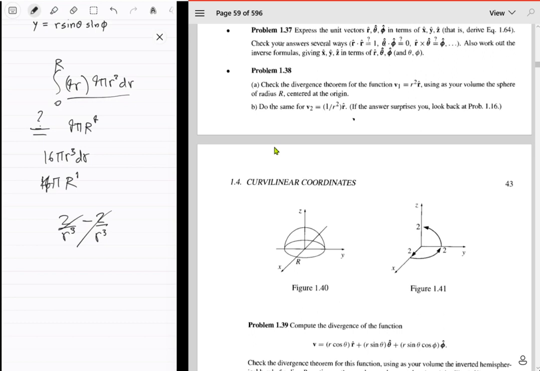If the answer suffices, look back at problem 1.16. I think that's the problem where we figured out that the divergence is going to infinity at the origin. That's the infinity times zero case, another indeterminate case.